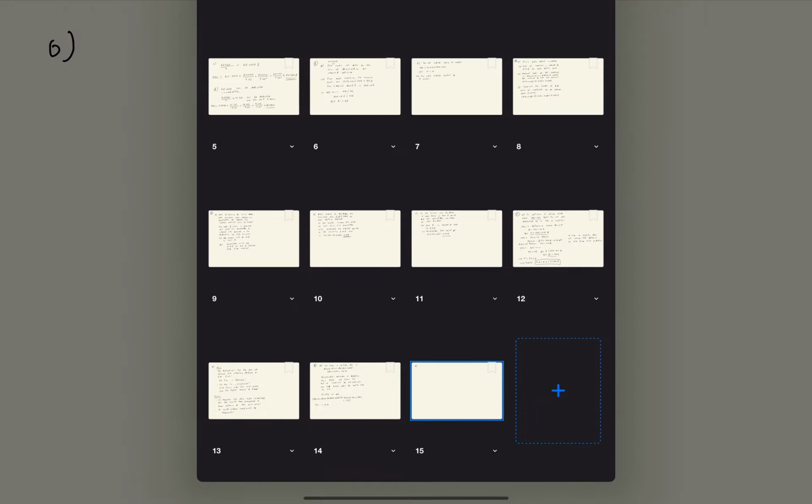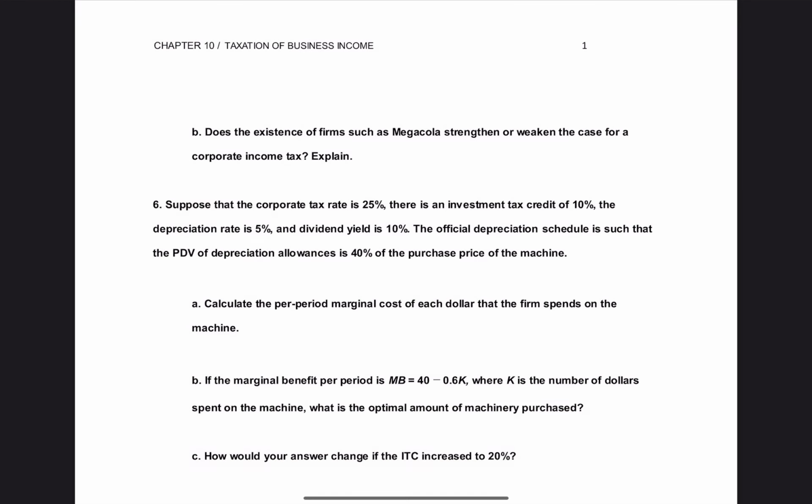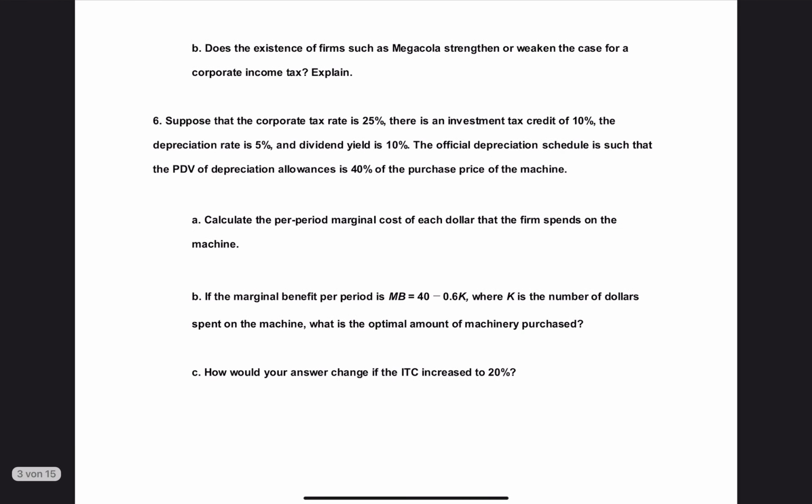Okay, sub exercise B. If the marginal benefit per period is 40 minus 0.6 times K, where K is the amount or the number of dollars spent on the machine, what is the optimal amount of machinery purchased?